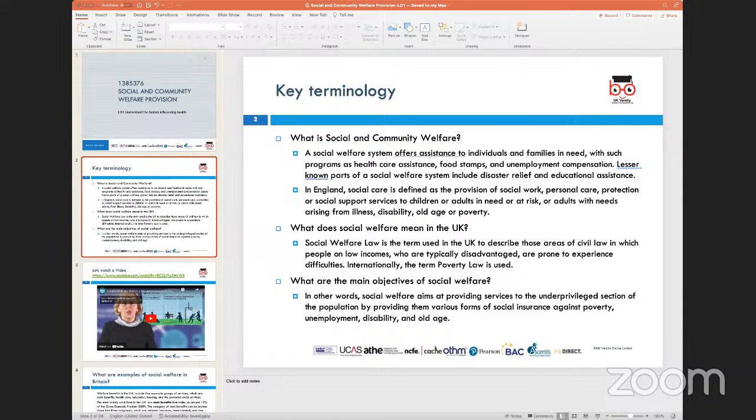When we talk about welfare provisioning, we are looking at the various policies, programs and initiatives which the government can take and set into motion that will support the well-being and the delivery of social care services to individuals and families within the UK or a particular geography.